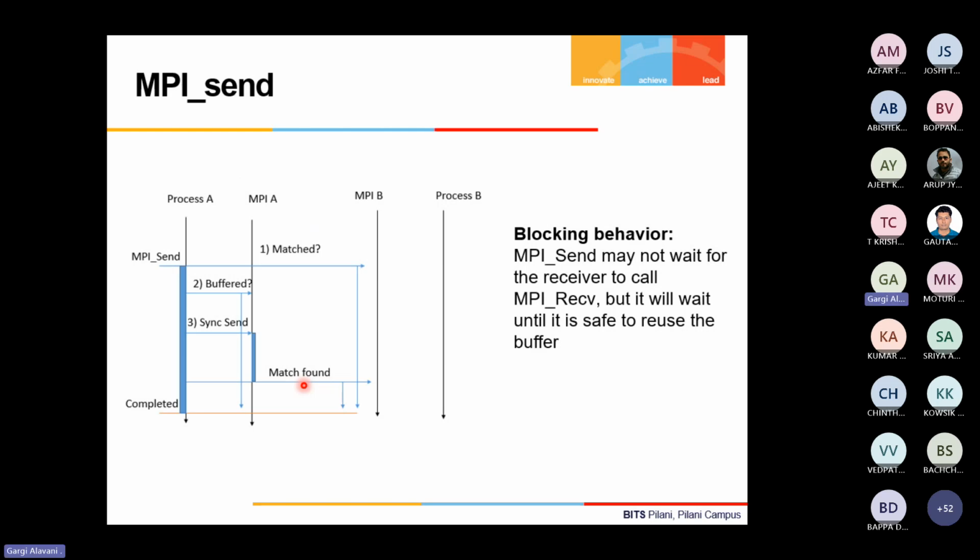Yeah. So now this is how MPI send works. Before we see the example, here MPI send is called a blocking function. Okay. Any guesses why it's called a blocking function?